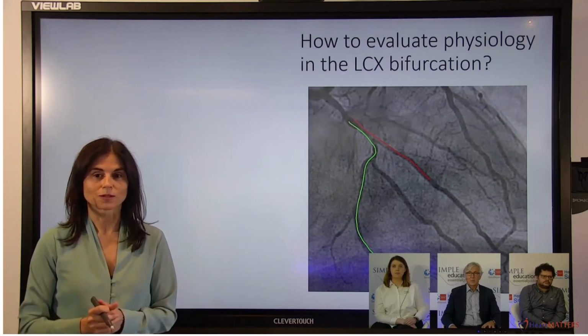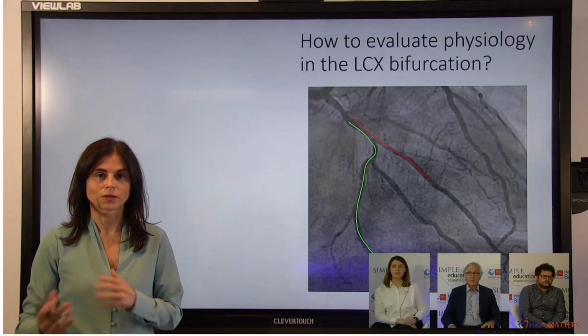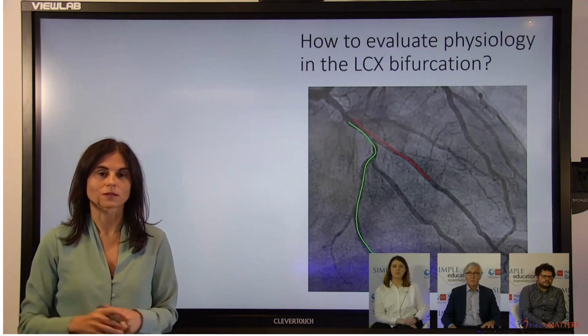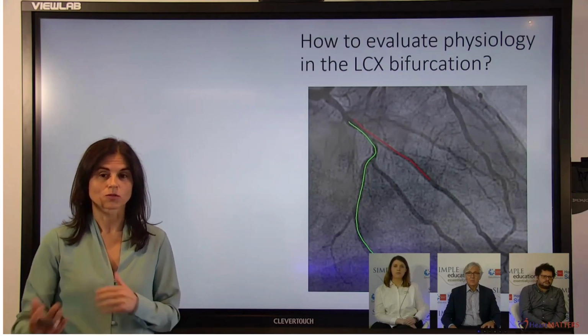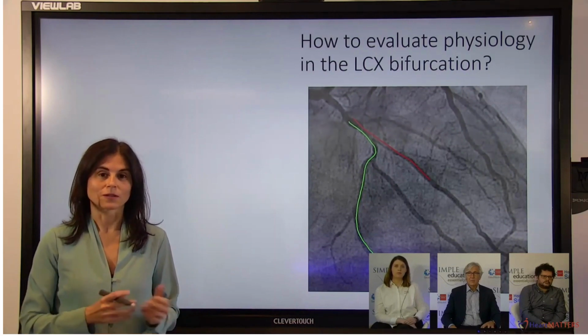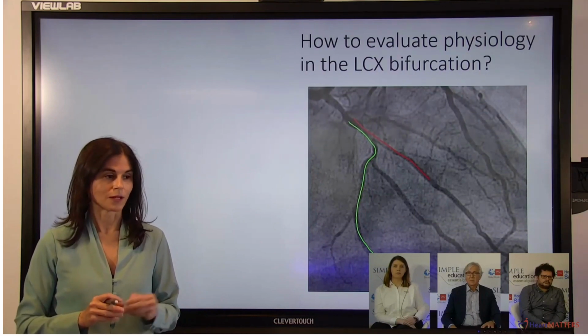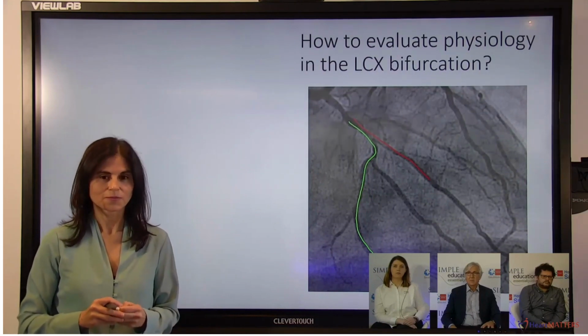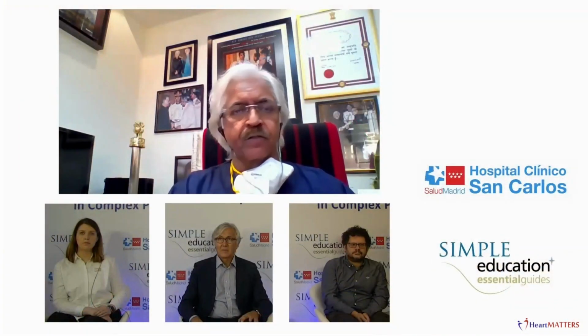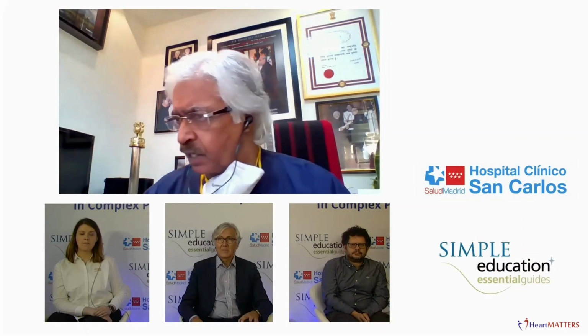I think our strategy in general for non-culprit lesion evaluation in ACS is using resting indices, using iFR, and I don't think we would have gone to perform FFR in this situation. We have seen previously in the talk how with FFR you can have some false negatives, and with iFR you can have some false positives maybe.